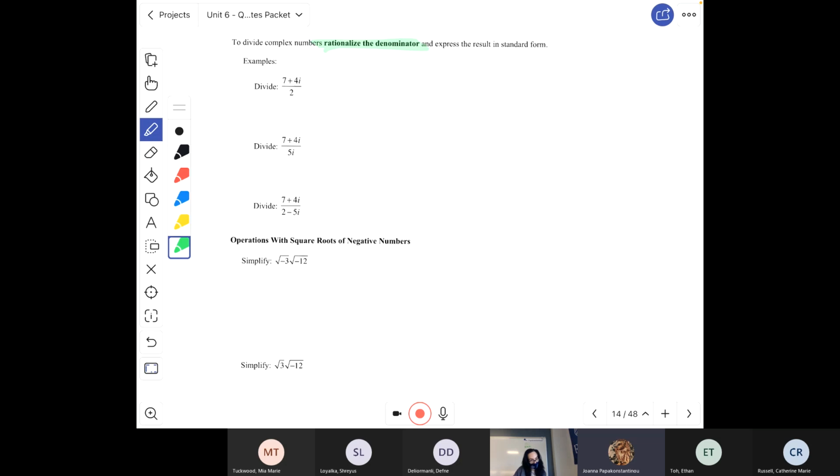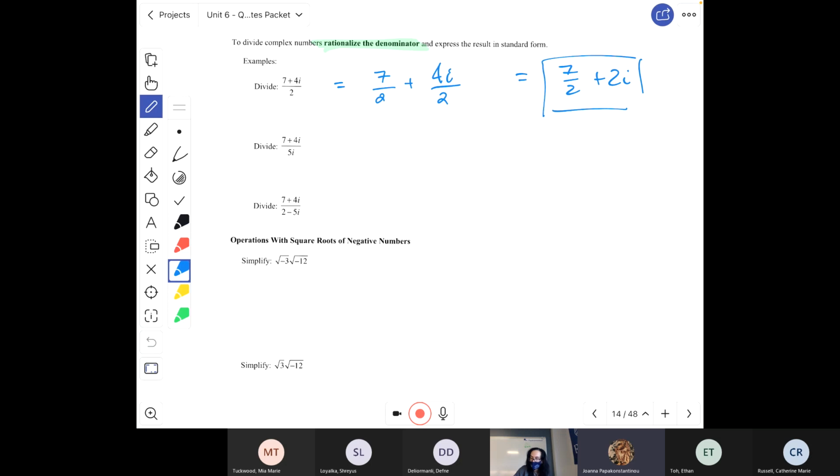Well, we have to multiply by perhaps conjugates so that we can get rid of that i. So looking at the first one, there's not really anything to do to the first one, right? The only way to simplify is to give that denominator to each of the terms in the numerator, because that's a binomial, and then simplify that, which would be 7/2 plus 2i. So this would be the simplified form in standard form.